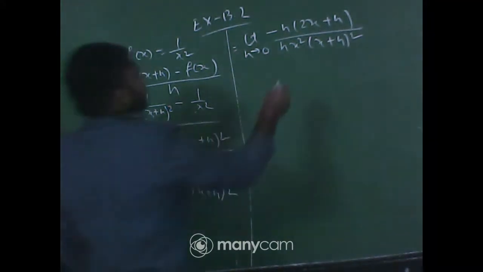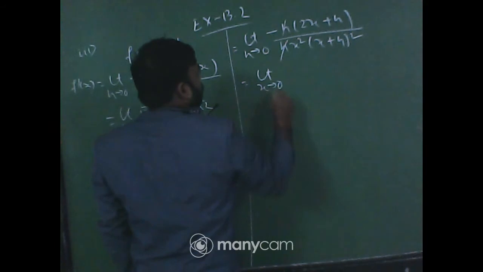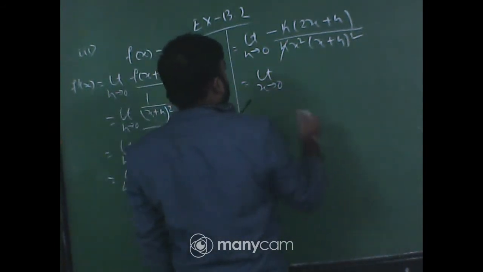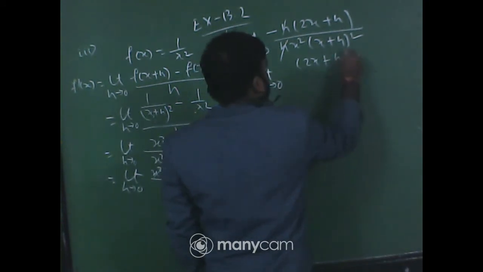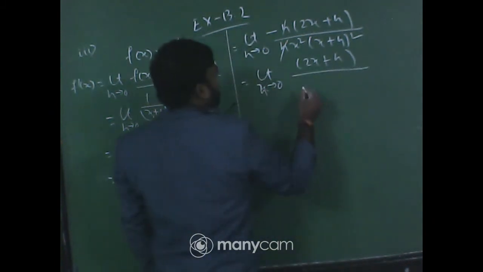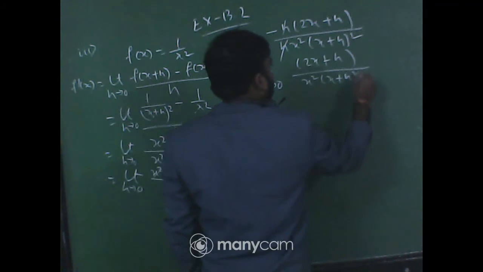So easily h is removed. So limit h tends to 0, minus (2x plus h) by x square into (x plus h) whole square.